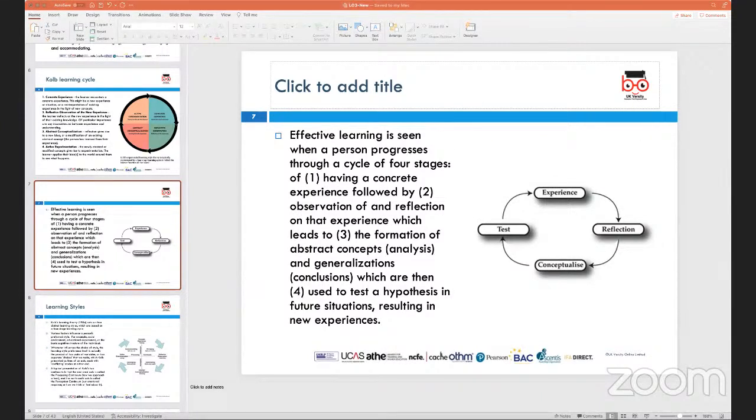Now, when we talk about the Kolb's learning cycle, there is a particular way that these things have to be carried out. You start with experience, you do a bit of reflection, you do a bit of conceptualization, you test it, and that cycle goes again and again in a loop. This allows you to learn from what you are doing as you take things forward.